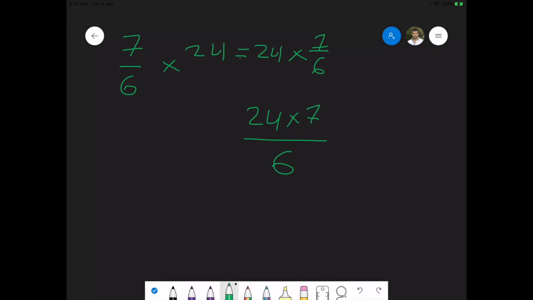I know that 24 and 6 have a common factor, which is 6. So I will go ahead and divide them both by 6. 24 divided by 6 is 4. 6 divided by 6 is 1. Therefore, my equation turns into 4 times 7, 28 divided by 1, which is 28. And that's it.